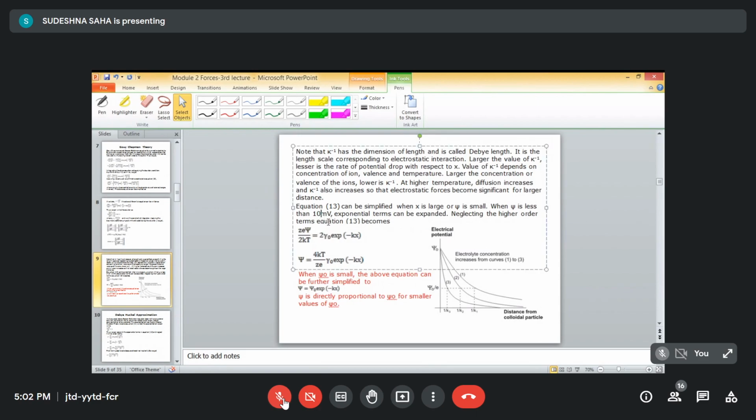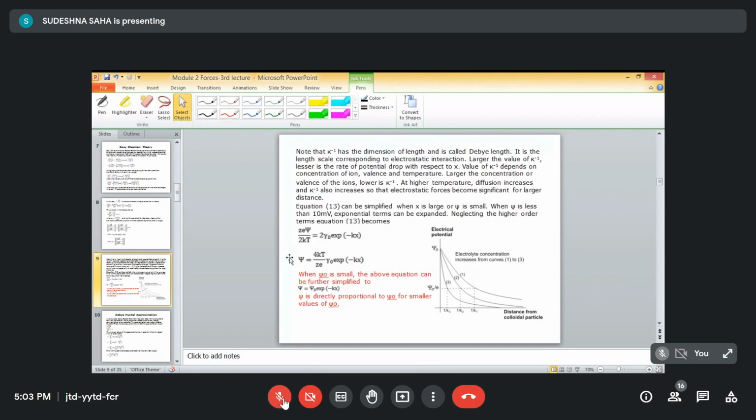When psi is less than 10 millivolt, the exponential term can be expanded, and you can neglect the higher order terms. You can write Ze psi divided by 2 kt equals to 2 gamma naught exponential minus kx, and psi will be equals to 4 kt by Ze gamma naught exponential minus kx.